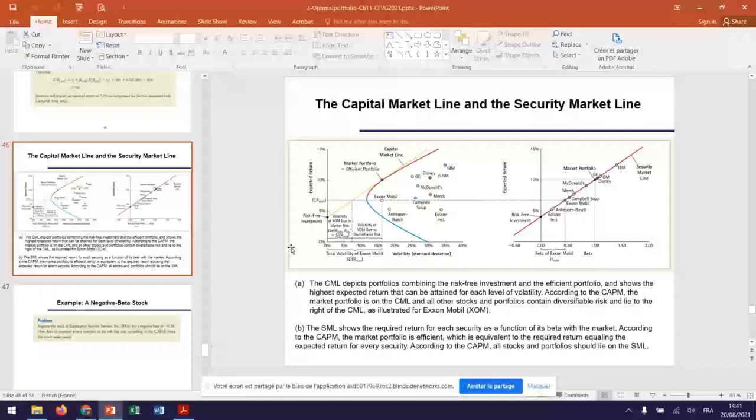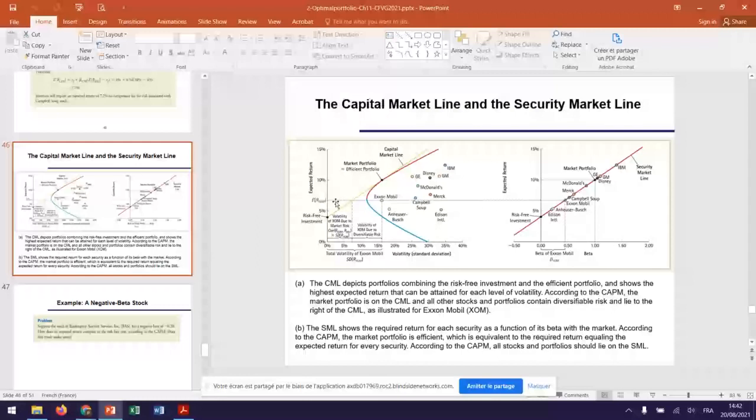Interestingly, the beta of Exxon, which is about 0.4 something, corresponds well with the expected return, because this portion is quantitatively represented, though on a different scale: this is volatility, this is beta. The beta of 0.4 something gives Exxon's expected return at the same point.